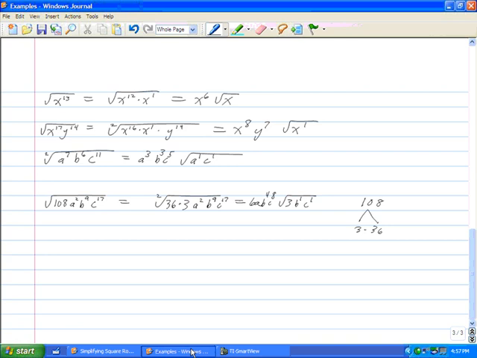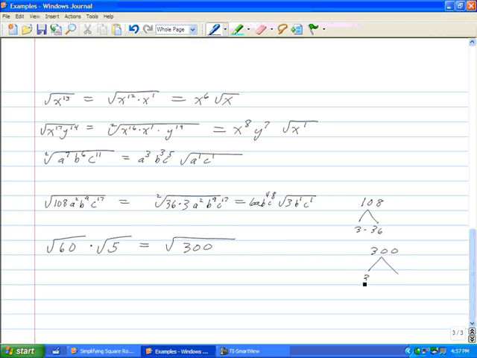A good example of this is if we had the square root of 60 times the square root of 5, we could go ahead and just multiply those back together. 60 times 5 is 300. So once it's been put back together, we can go looking for perfect squares.